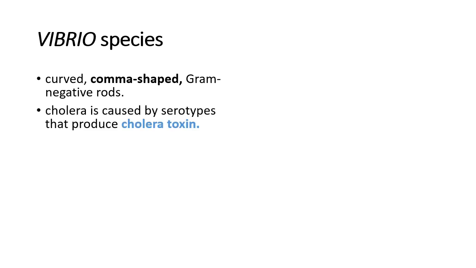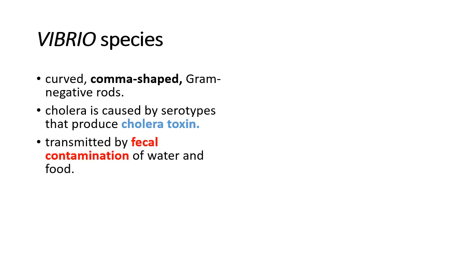Now let us move to another group of bacteria called Vibrio species. So Vibrio is curved or comma-shaped, and this comma shape gives a distinct appearance to the bacteria. It's a gram-negative rod, and it's very characteristic of a very severe disease called cholera. This bacteria produces an enterotoxin called cholera toxin.